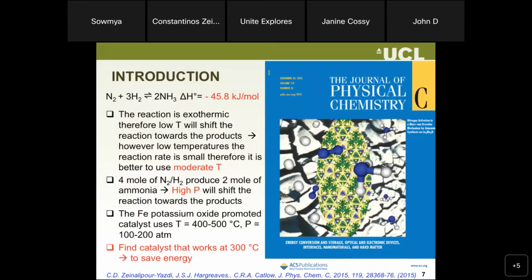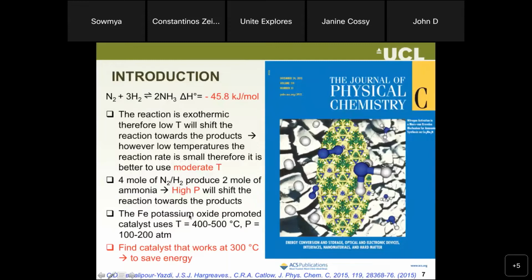Also, you have 4 moles of gases, 1 mole of N2 and 3 moles of H2, going to 2 moles of ammonia. Therefore, according to Le Chatelier's principle, an increase of the pressure would shift the reaction towards the product.